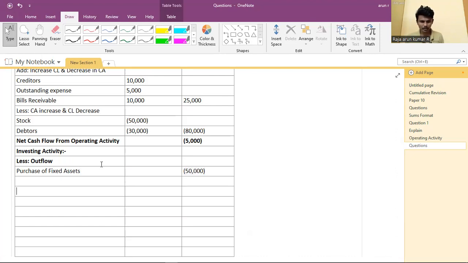Like that we do the sums accordingly, and this is the net flow from investing activity. This is the format, you just follow the format.